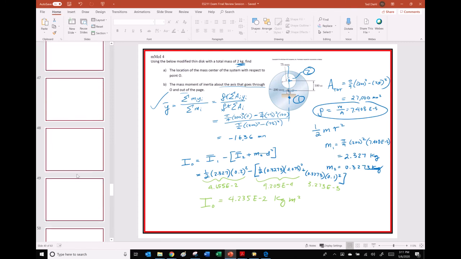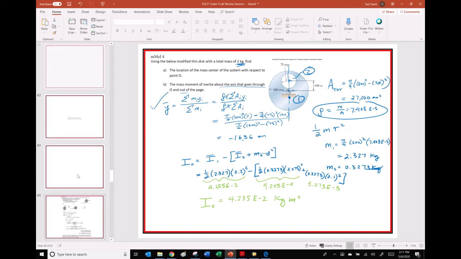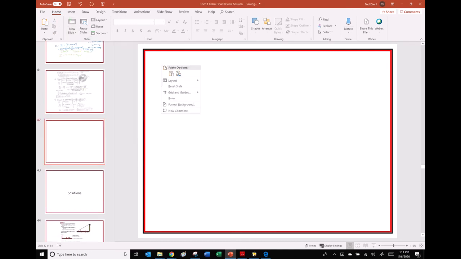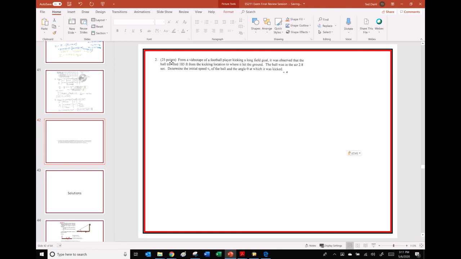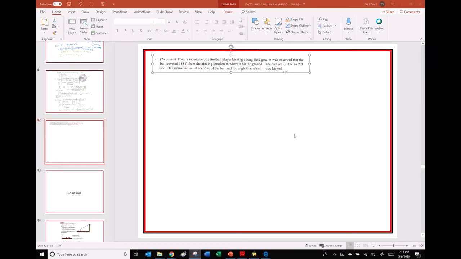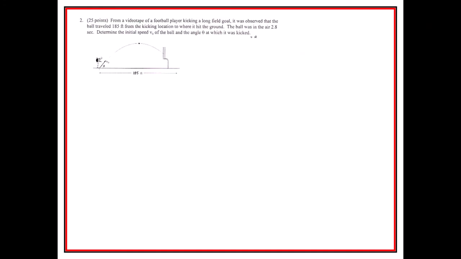There's some learning to be had there. Let's see what the little picture looks like, because the picture helps. I have a really crazy, evil projectile motion problem that I did in my book.